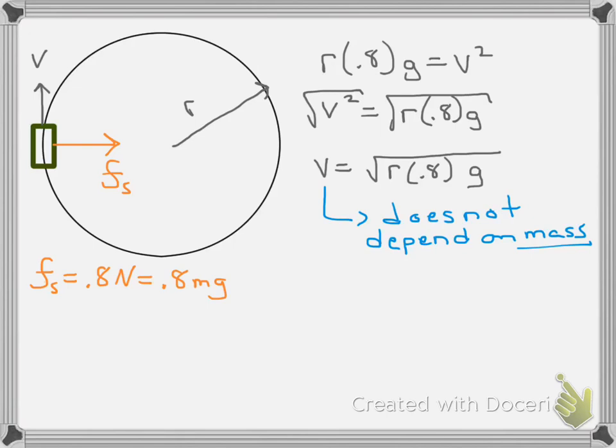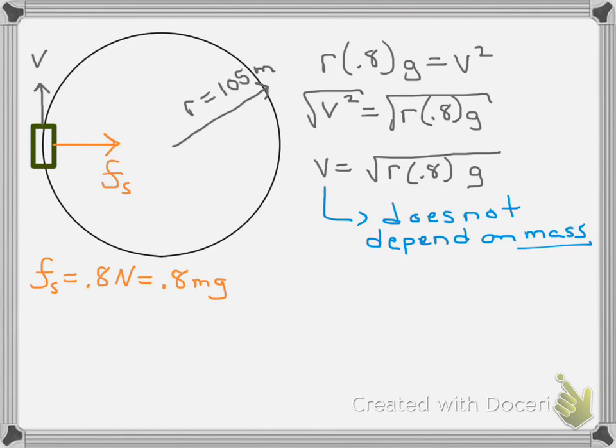It doesn't say 35 miles an hour for a Mini Cooper, 30 miles per hour for a Chevy Suburban, and 25 miles an hour for a semi-truck. It doesn't have different speeds for different vehicles. There's only one sign. And that's because the maximum safe speed doesn't depend on the mass of the vehicle. It depends on the radius of the curve.